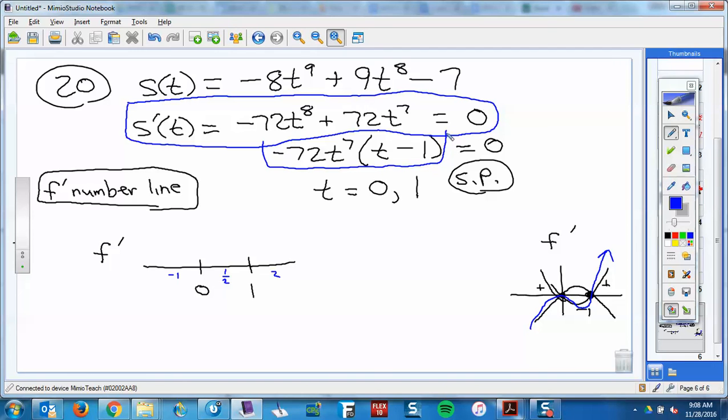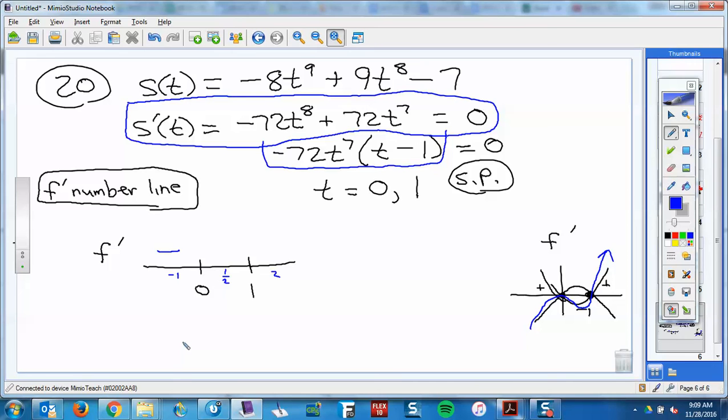Negative. I didn't care if it's -1. I don't care. It's negative, right? -1 to the 7th is negative times -7 squared, positive. -1 minus 1 is -2. So that'd be a negative times, what did we say this was? Positive. What's negative times positive? So we're going to put a negative right there.